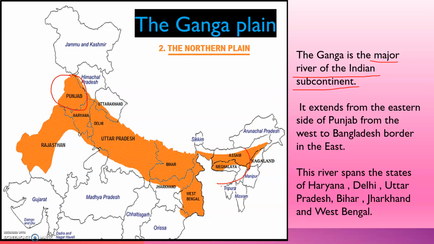This river spans the states of Haryana, Delhi, Uttar Pradesh, Bihar, Jharkhand and West Bengal.